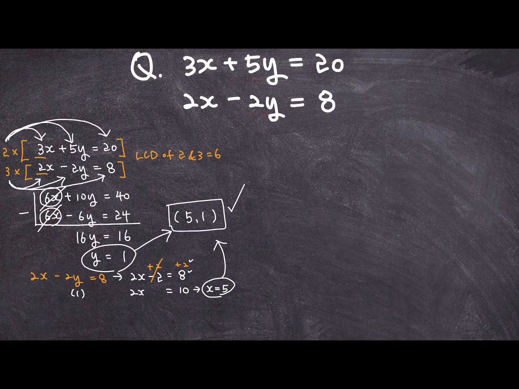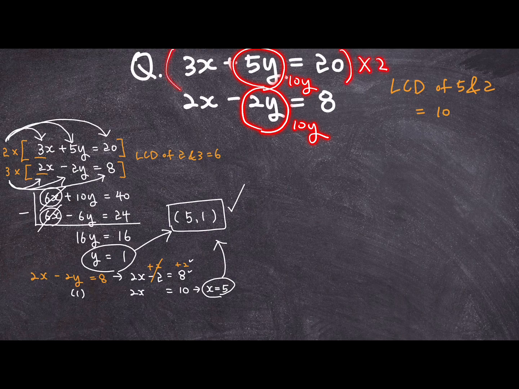Now, LCD of 5 and 2, that's 10. So, I need to make 5y equal to 10y and 2y equal to 10y. And I can do that by multiplying 2 to first equation and 5 to second equation. Okay, so let's go ahead and do that.